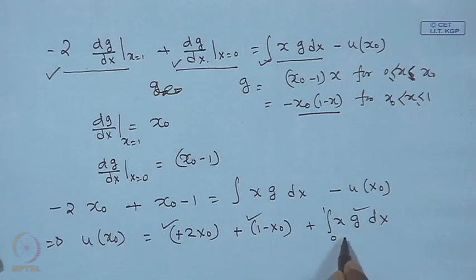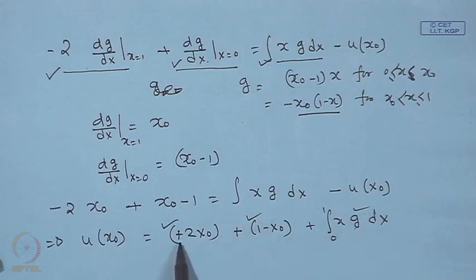Now, exactly the same way whatever we have done earlier, we break down this problem into 2 sub problems. We break down this integral into 2 sub integrals, 0 to x naught and x naught to 1, then put the corresponding equations of x g and integrate it out.